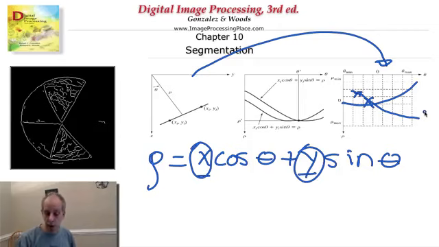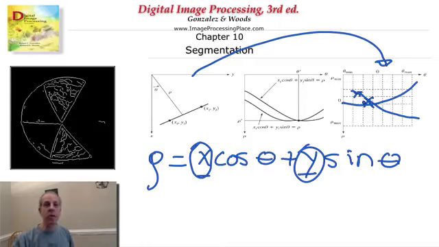Or you just run through the thetas in the discretized space and you vote for every rho that you get from this equation. Every point a vote. Then when you finish, you say, let's look at which entries in my accumulator have enough votes. That means that there is a straight line going through them.